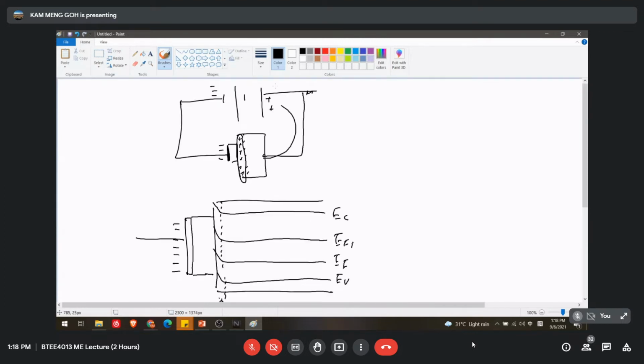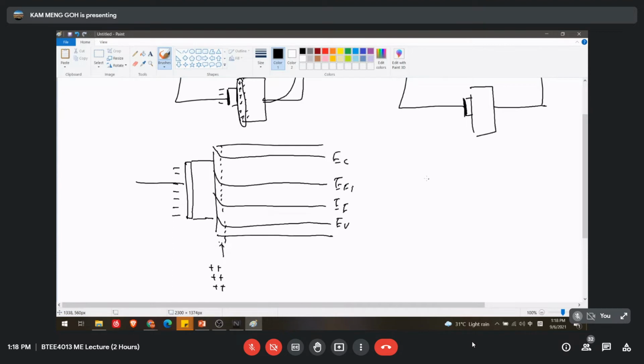The other way around, if we connect it to the positive charge, and then we can try to redraw it again. So right now, here is full of the positive charge.